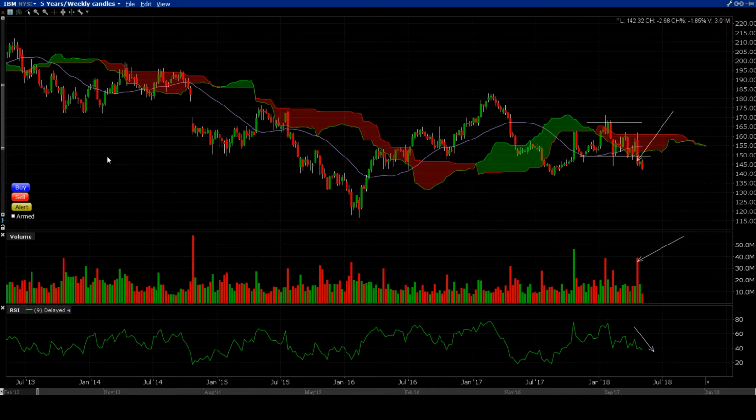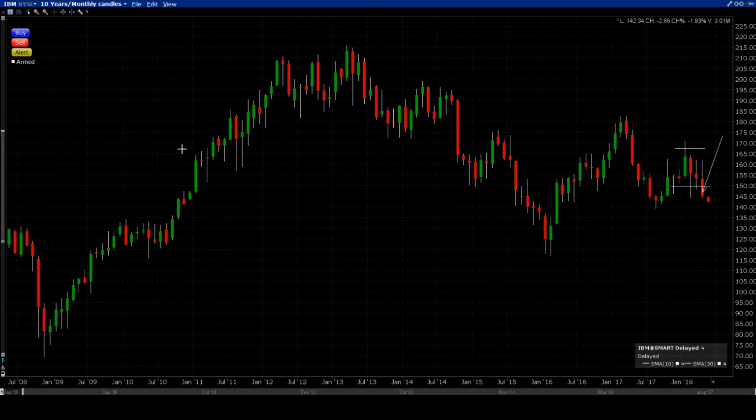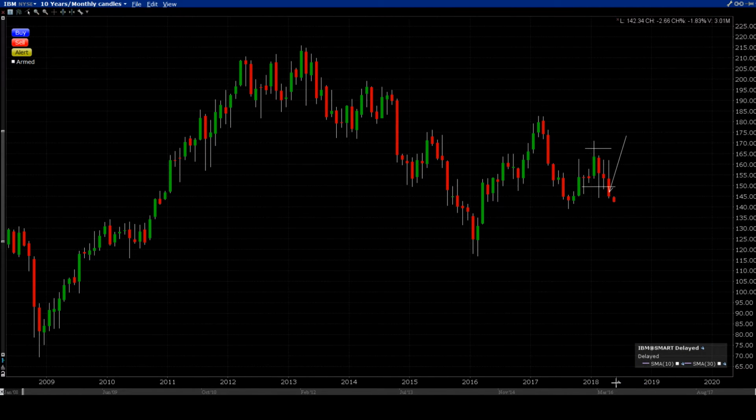So let me check it out on the monthly candle chart. Let's go back. And let's see if I'm being too greedy. Remember, I drew my formations here. But what I see now is there's even a shorter pattern right here.